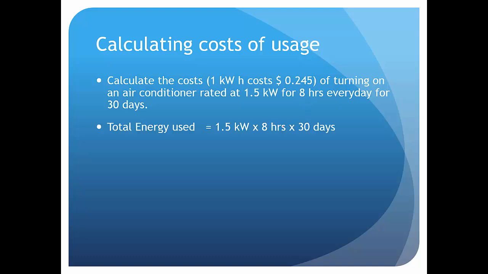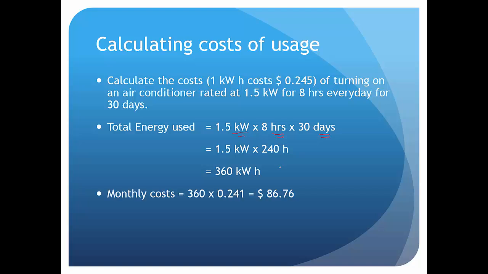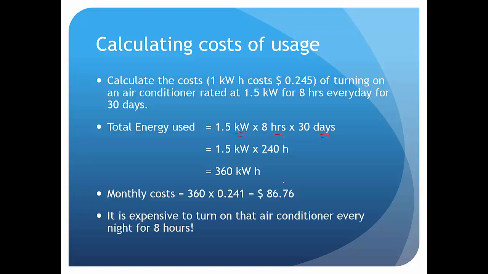For energy use, same thing, you use kilowatt, you use hours, but in this case for 30 days. So the total is 240 hours, and this is 360 kilowatt hour. And the monthly cost will be just multiplied by the number, and you get this cost. So it means that it is quite expensive to turn on the air conditioner every night for 8 hours.